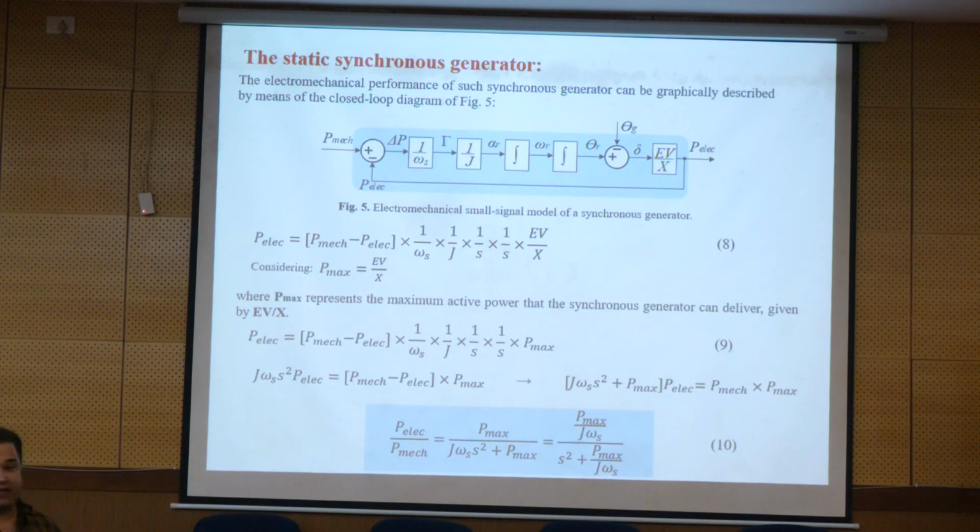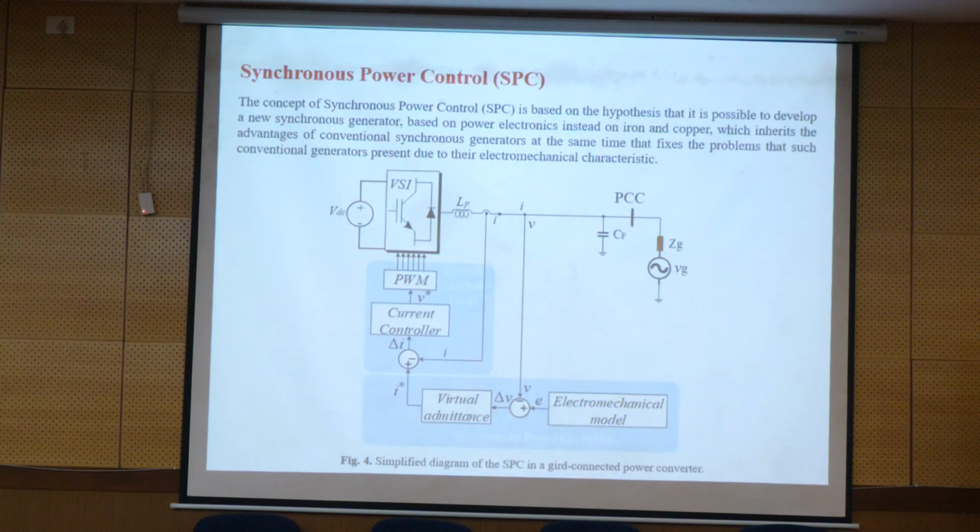So now we have the angle of the rotor, and we also need to compare it with the grid angle to provide that difference and make the required action. So this is the grid angle and this is the rotor angle.